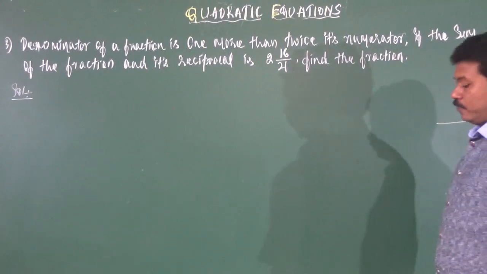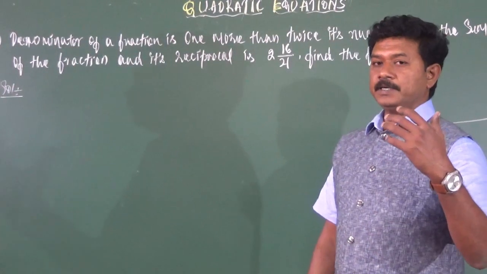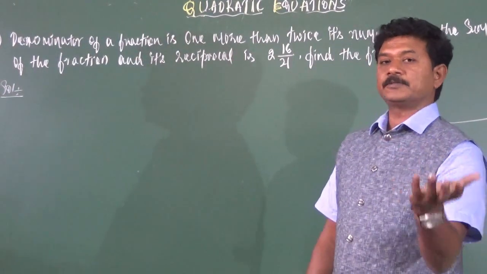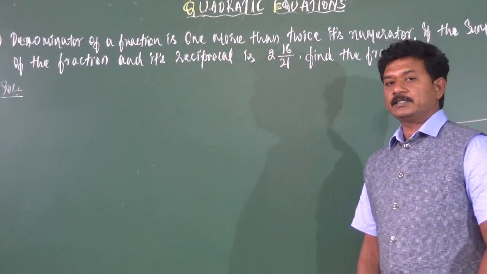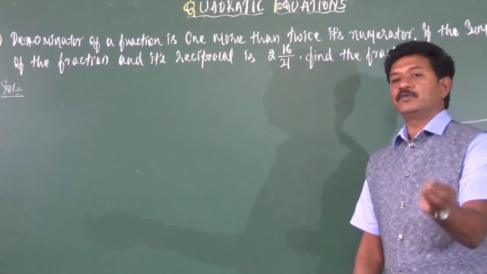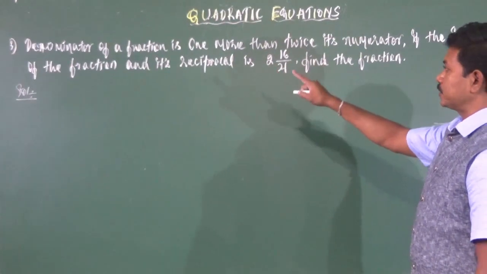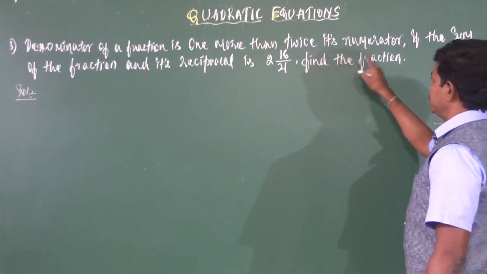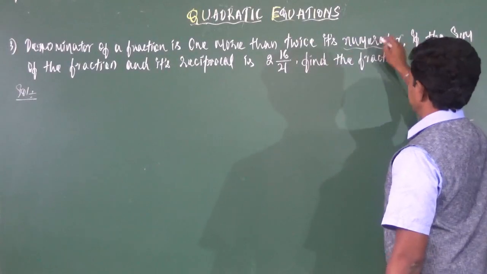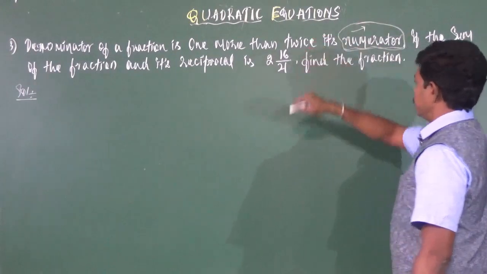Whatever he is speaking regarding the denominator is with respect to the numerator, so we have to guess that particular quantity. Therefore you have to guess the numerator. This is very important.